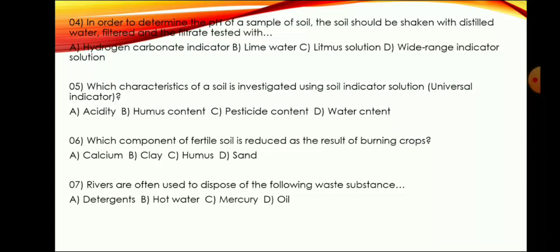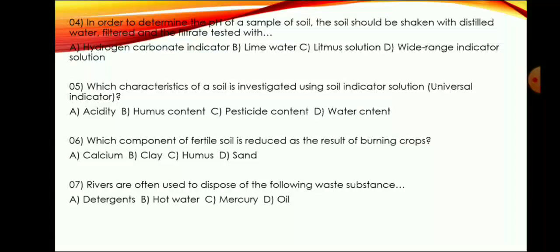Next question is, which component of fertile soil is reduced as the result of burning crops? The options are number A, calcium, B, clay, C, humus, and D, sand. So correct answer is humus.